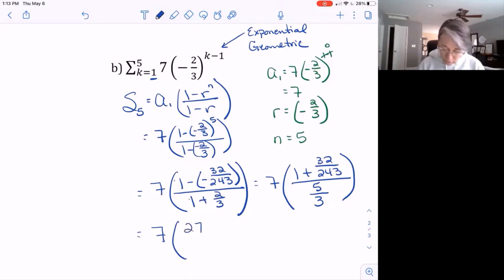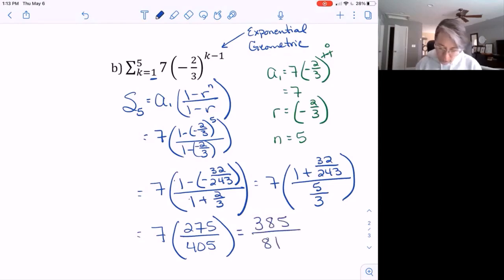That would give us 275 over 405, which would give us 385 over 81 once you reduce everything. So again, if you need to multiply top and bottom by 243, distribute and reduce. That's how we get this guy here, multiply and reduce to get the results that we need.